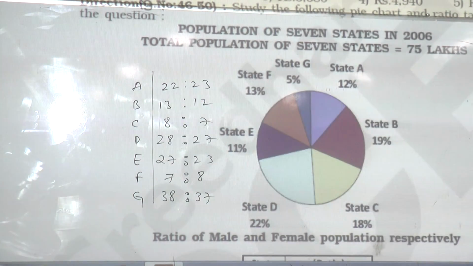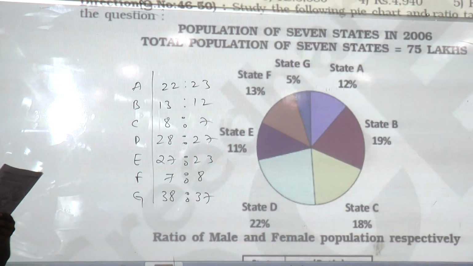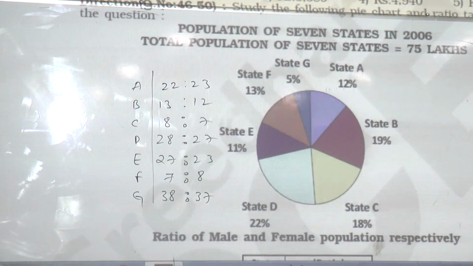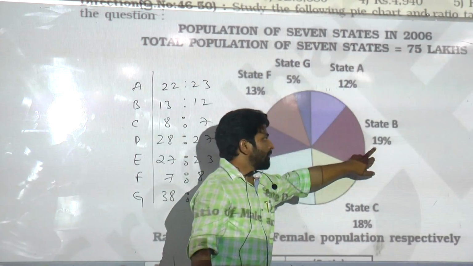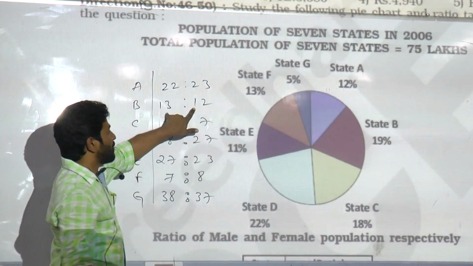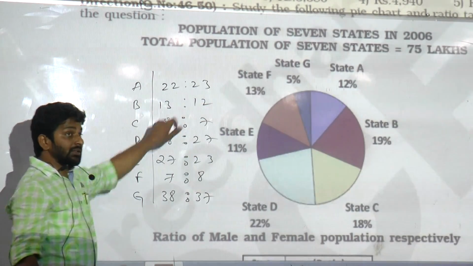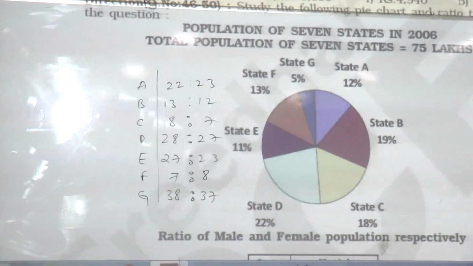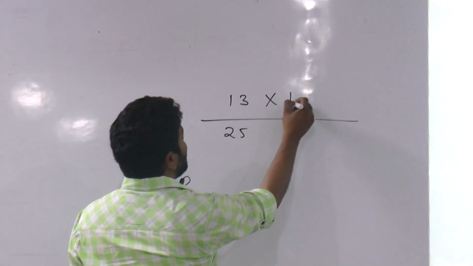Fine. 46. What is the ratio between male populations of states B and E respectively? From B, total what percent do we have? And the male to female ratio is 13:12. So male how many parts? From B we have 13 parts out of 25 among 19%.